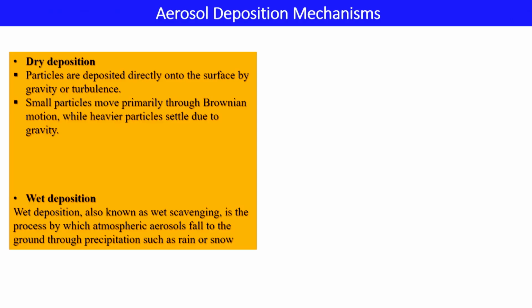So let's see how we discuss this. There are two ways that aerosols can be deposited. One is called dry deposition. As the name says, dry means there is no water vapor or any water, and the aerosol is deposited directly onto the surface by gravity or turbulence.